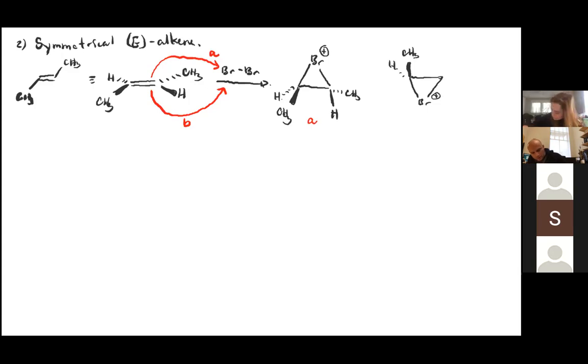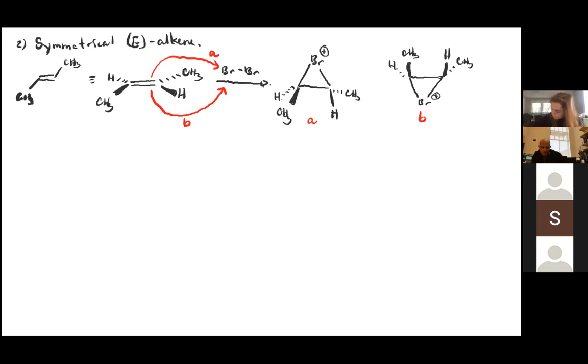Hydrogen back, methyl group back, hydrogen up, and we'll call this one B, okay? All right. And so this one is a little trickier, as I said. Make sure I drew these correctly.